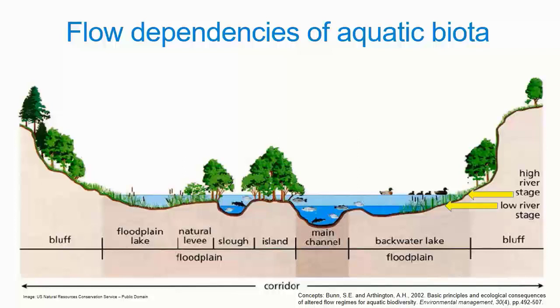While at high river stage, the river rises and activates additional aquatic habitats of the river floodplain. The extent of inundation, and thus total area and volume of habitats, depends on the magnitude of the river flow. But the frequency and duration of these flows are also critical because they determine how regularly the habitats will be available and how long they'll persist.